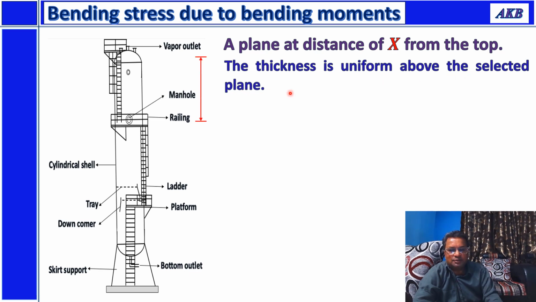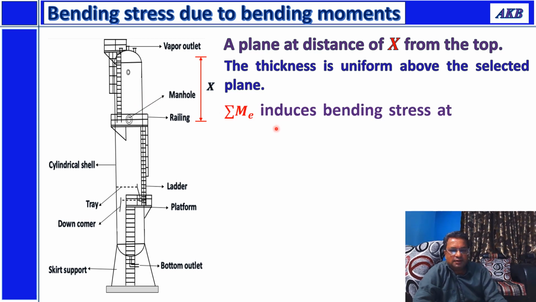For example, if you look at this diagram, I have considered this distance from the top. Within this distance, the thickness of the shell is uniform. We have selected the distance in such a way that the thickness of the shell is uniform within this region.